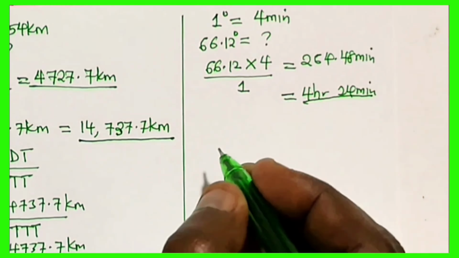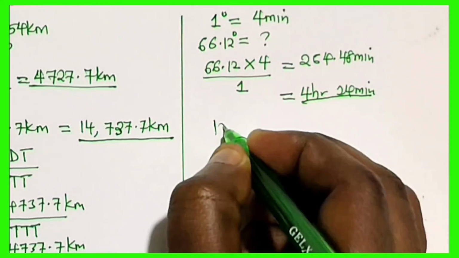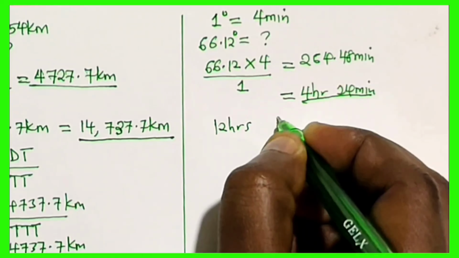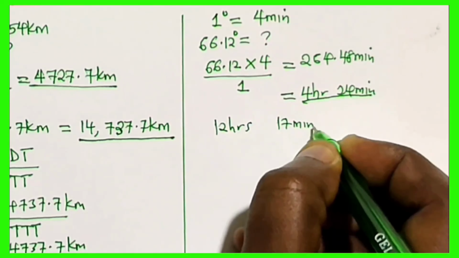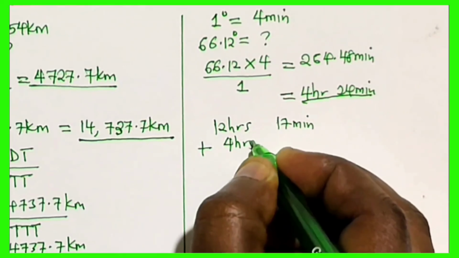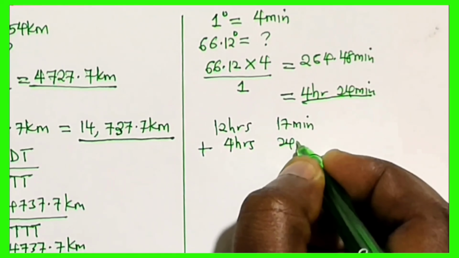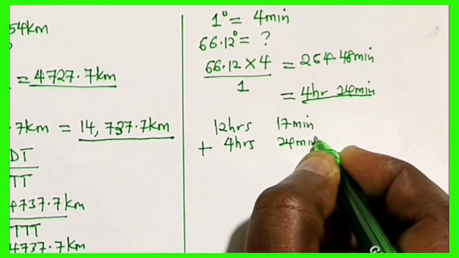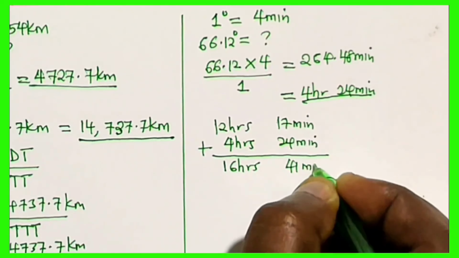And so by addition, we are going to have 12 hours 17 minutes to add 4 hours and 24 minutes. And this will lead us to getting 16 hours and 41 minutes.